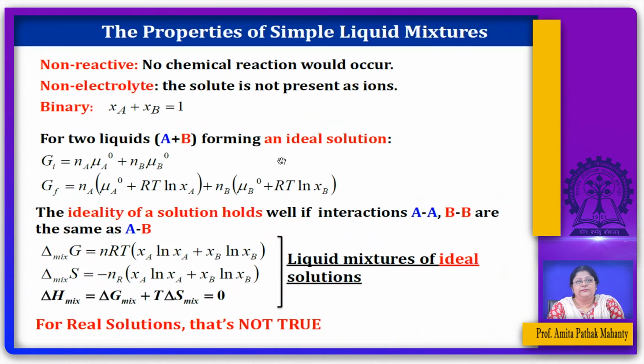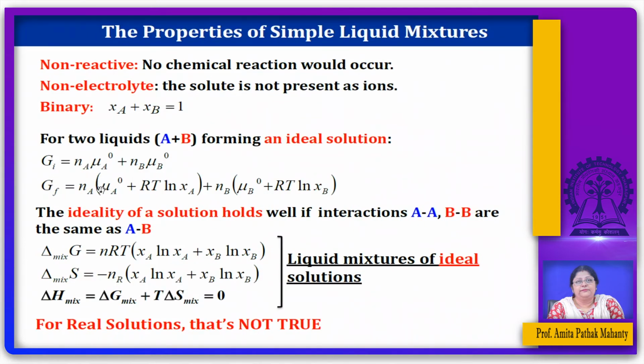If it is forming an ideal solution, then since we are relating the vapor pressures to behaving like an ideal gas, we can extend the concept of the G expressions we had got for the gas to whichever system we are dealing with, that is A solvent and B solute, both liquids.